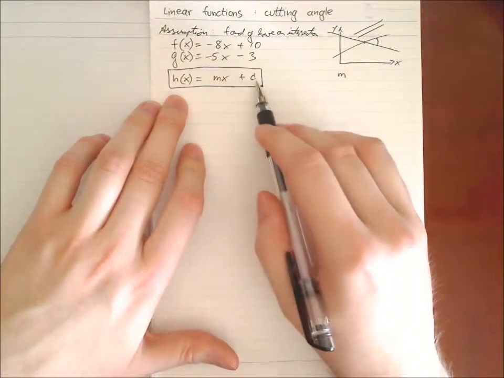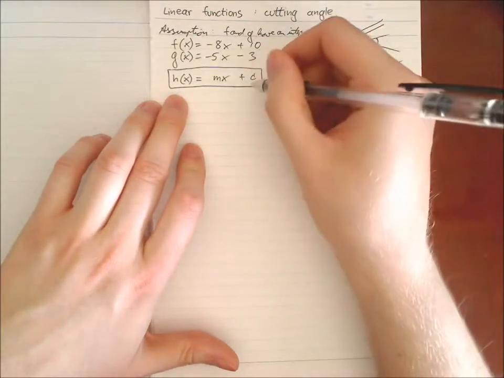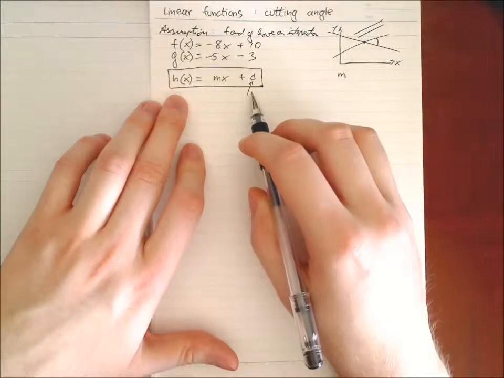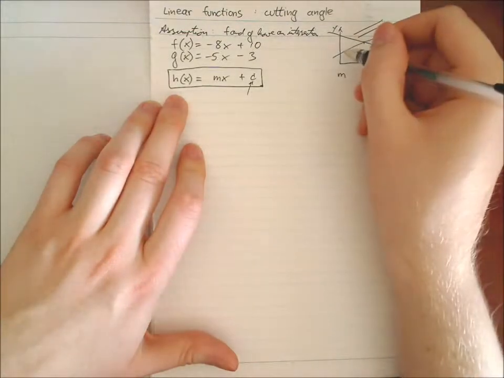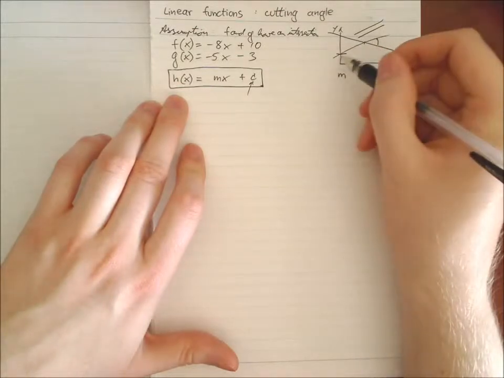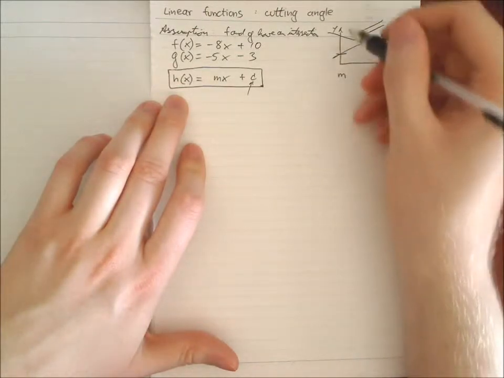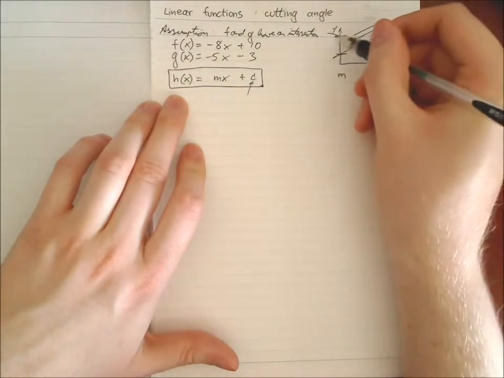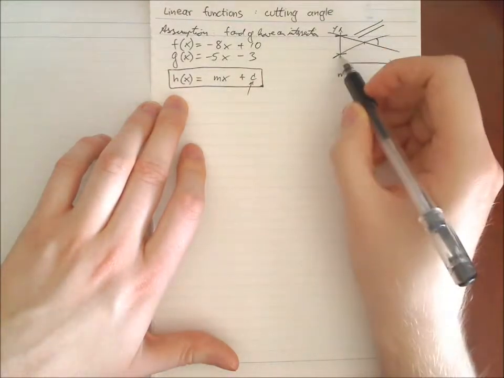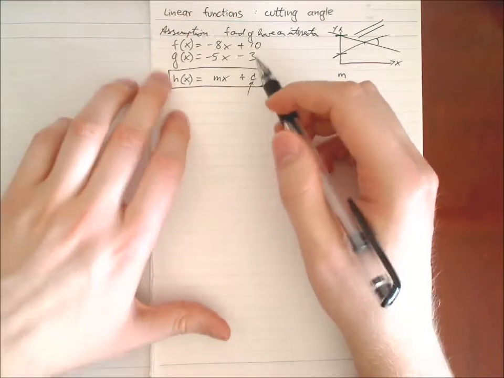And we have some c without an x, and the c is the y-axis intersection, which you can see in this little picture. This is the y-axis intersection of this function, but this is the y-axis intersection of the other function. So this you can directly read from the function.